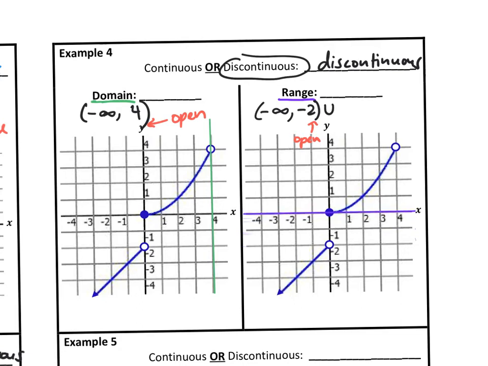The graph continues at 0, so that's going to be my next section. It's going to be 0. And is it a closed or open location? It's closed. So I'm going to put a bracket. I'm going to put a note for myself that I put a bracket because it's closed. Comma.